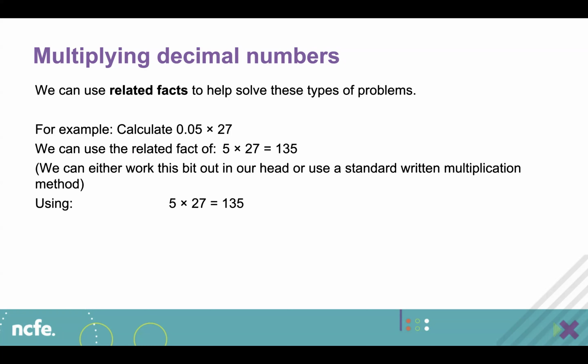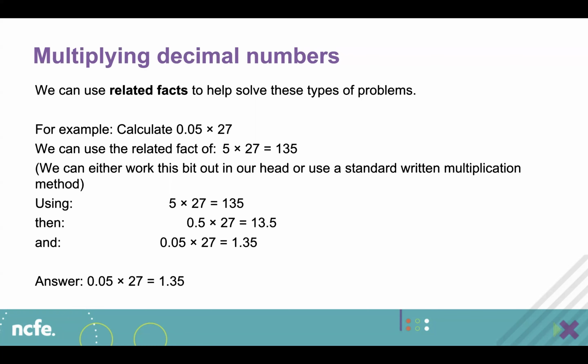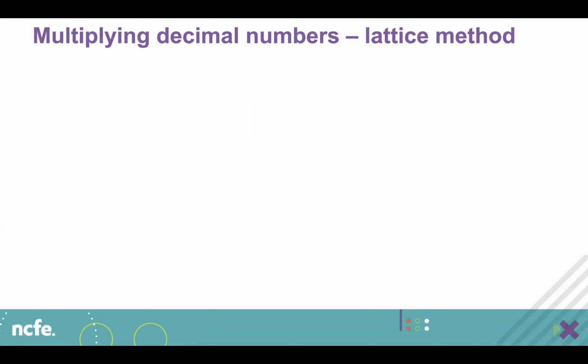Using 5 times 27 is 135, 0.05 times 27 will be 135 divided by 100. The answer is 1.35.